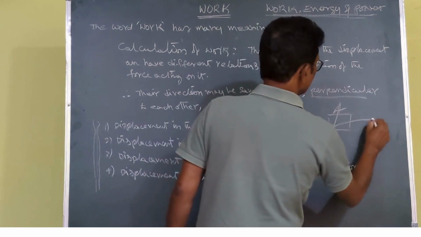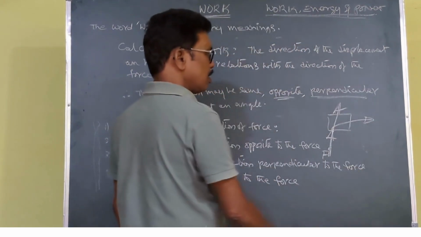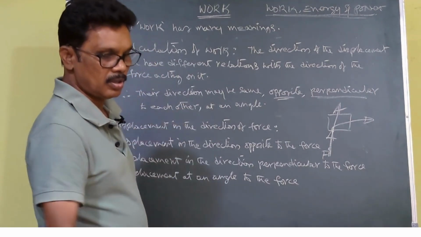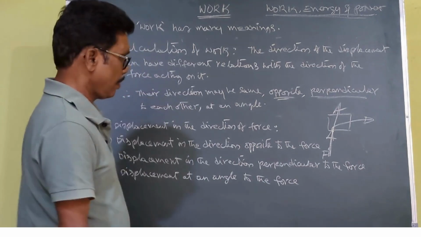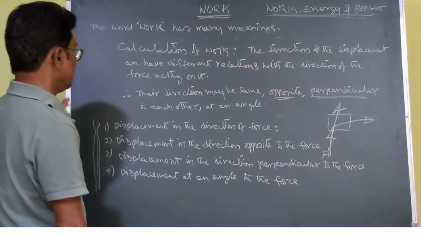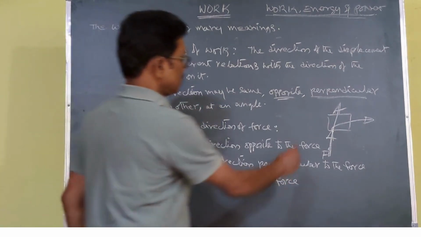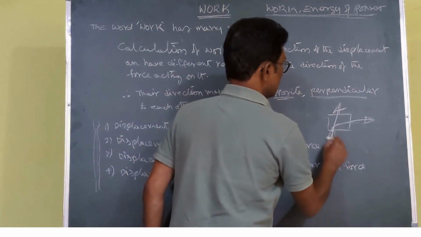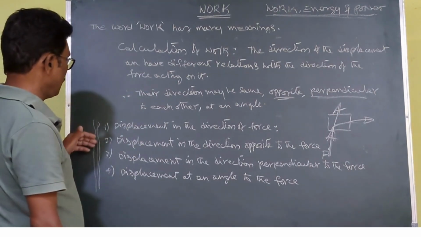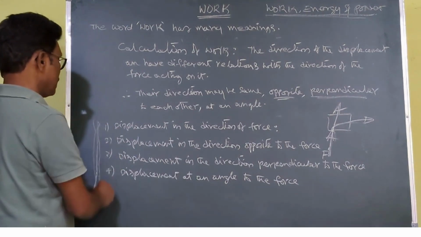It may be displaced in this direction, or somewhere else. So the displacement and the force direction are different. That's why in this unit we will discuss these four cases.